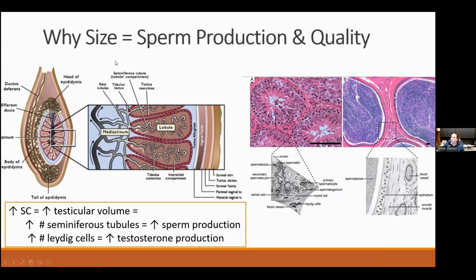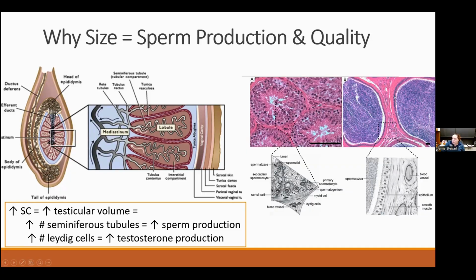And this is just showing why we look at the size, especially scrotal circumference. It's because each testicle has these little seminiferous tubules in here, and this is what we're looking at in these histology pictures. The sperm are being produced in the middle of these and being secreted.